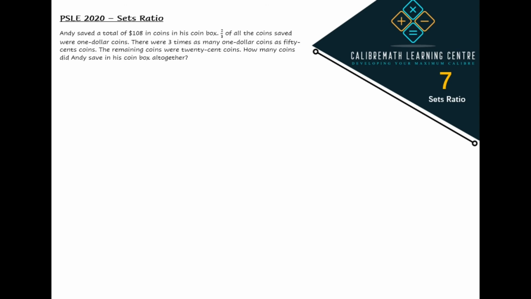So you're supposed to represent the information for your 2/3 in ratio. So you can indicate that for $1, you have 2 units, and for your 50 cents and 20 cents, it's 1 unit, because we know that 3 units is the total number of coins.